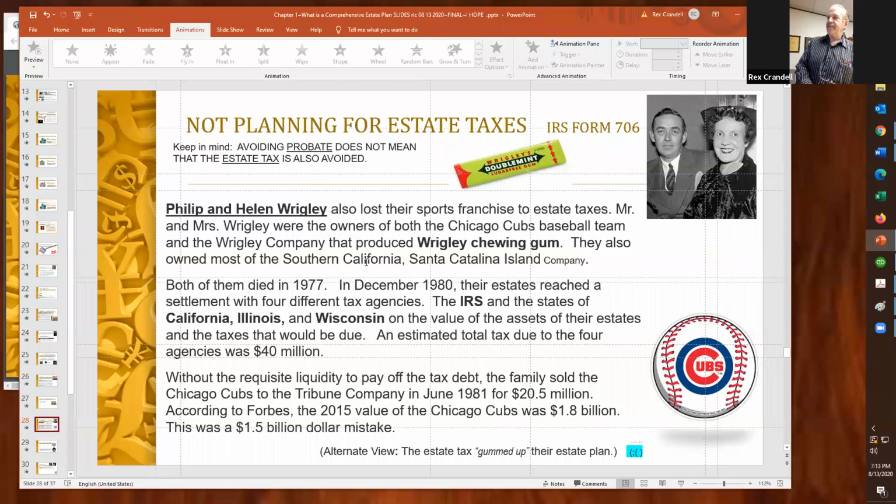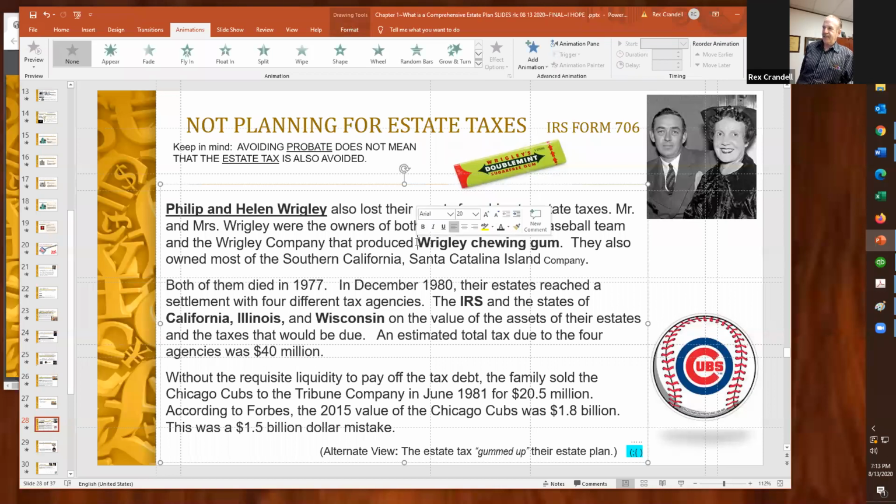So the Wrigley family ended up not planning properly for estate tax. They ended up getting sued by 4 governmental tax agencies: the IRS, California, Illinois, and Wisconsin. And they ultimately settled the estate tax litigation at $40 million.